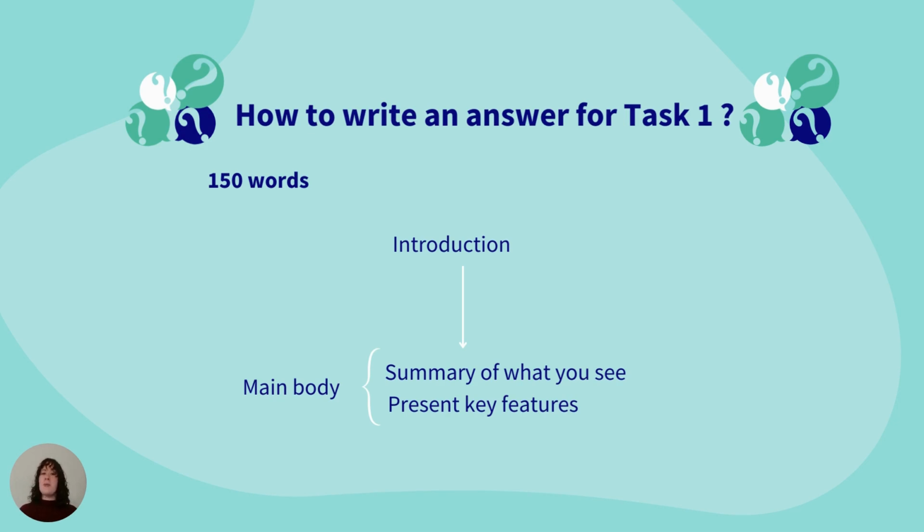You should start by writing an introduction. You should then move on to writing the main body of your essay. The main body of your essay should include a summary of what you see. And then you need to present the key features of the data. If you haven't already done so, remember to check out the video lesson focusing on how to write an introduction.